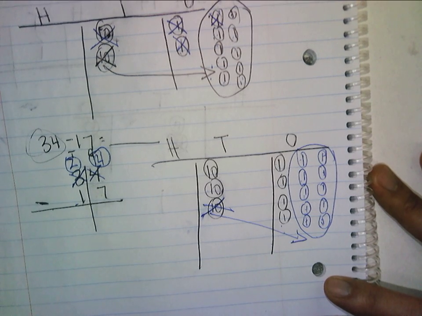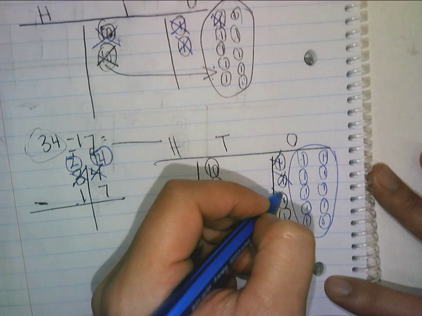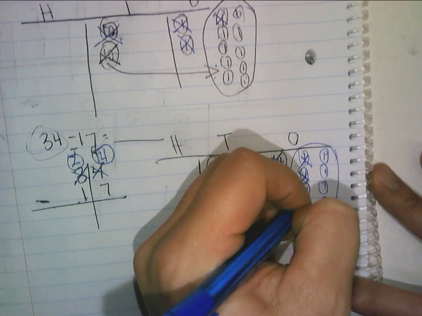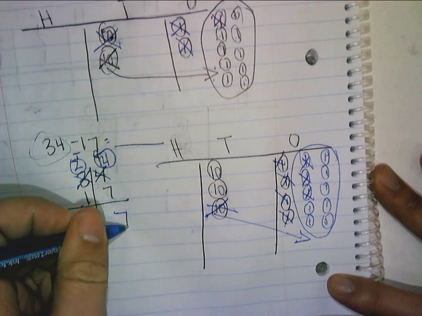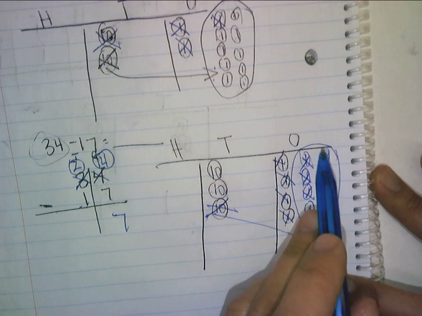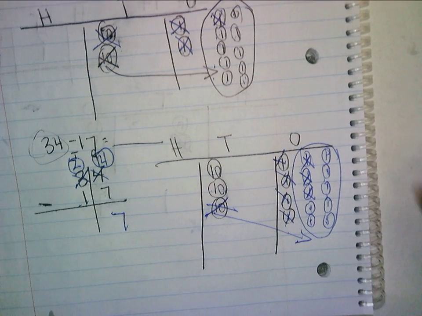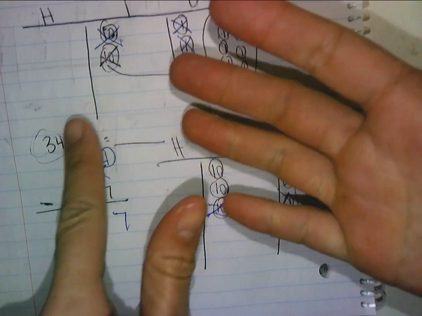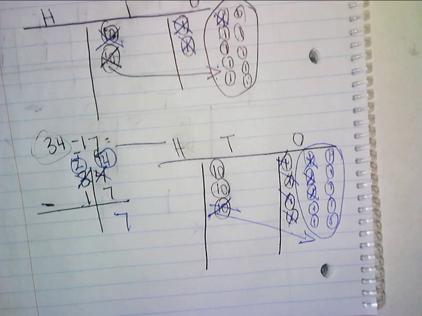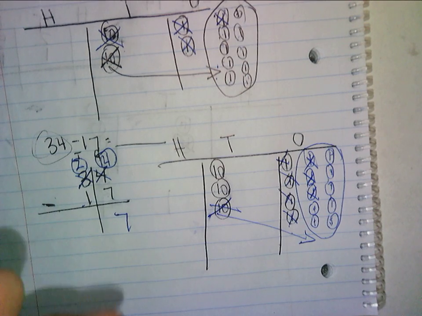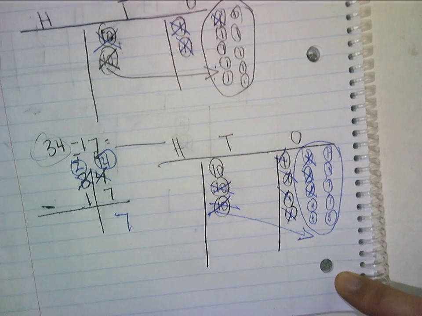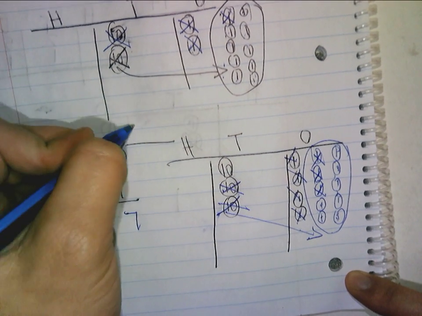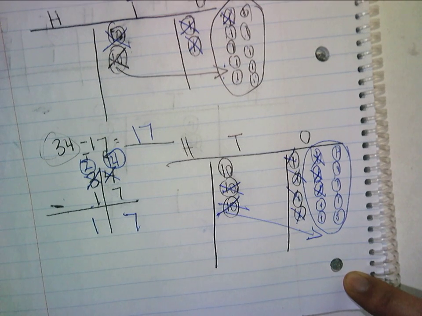So now I can subtract 7. 1, 2, 3, 4, 5, 6, 7. Or you can just use your finger. 7, 8, 9, 10, 11, 12, 13, 14. 7. Okay? And then here, 2 minus 1. I actually have to subtract 1 this time, and I'm left with 1. So the answer is 17.